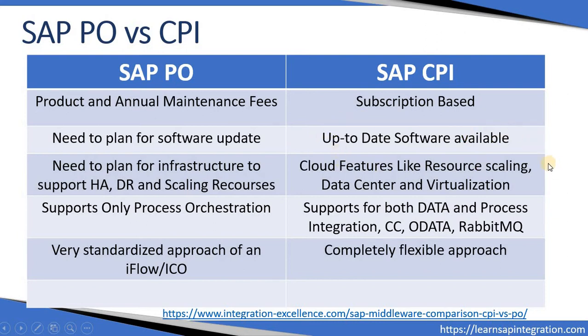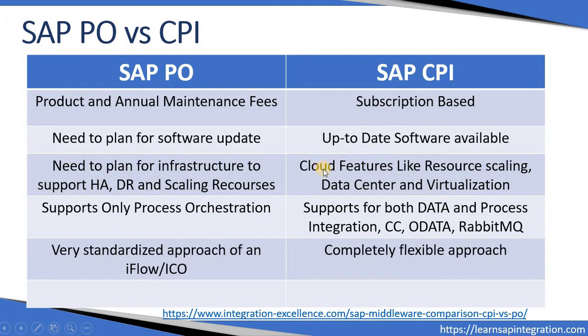All maintenance, patches, and bug fixes are handled by SAP. We'll never know when a bug is fixed or when the maintenance was done. Everything is taken care of by SAP. But in PO, we need to plan for complete software updates, migration, and maintenance, everything we need to manage.